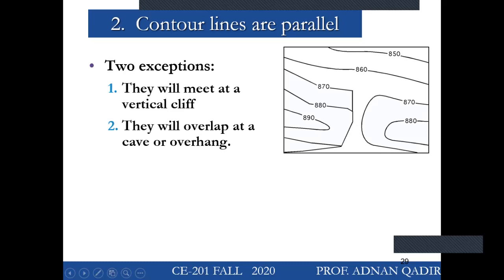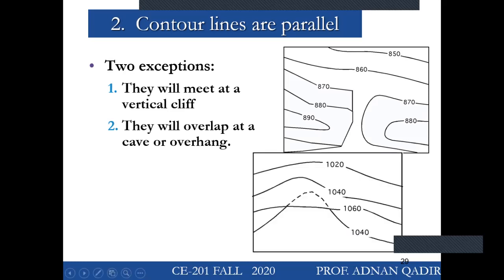So normally we say contour lines do not intersect, but in case of a cave or overhang, they will actually overlap like this. This is a cave, and now these contours 1060 and 1050 are overlapping each other. So you can see there is some cave over here.